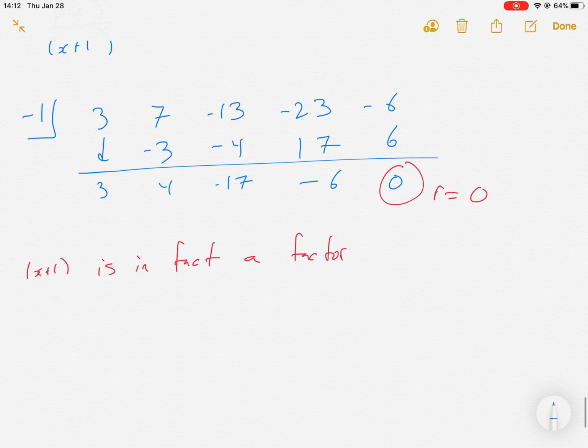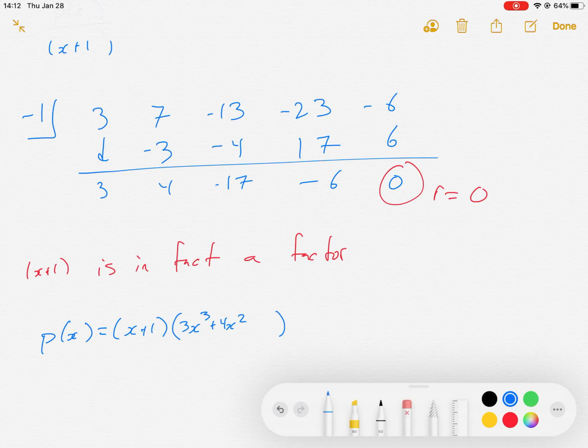Now, I didn't ask you this in the problem, but this tells me that p of x equals x plus 1 times, now I'm using the alternate version of how I expect you to write your answers. This was in a couple of videos ago. But it's going to be multiplied by the polynomial I got when I divided. And I'm definitely going to run out of room here, so let me go ahead and open up that parentheses again.